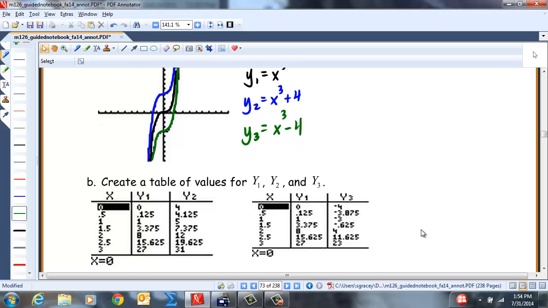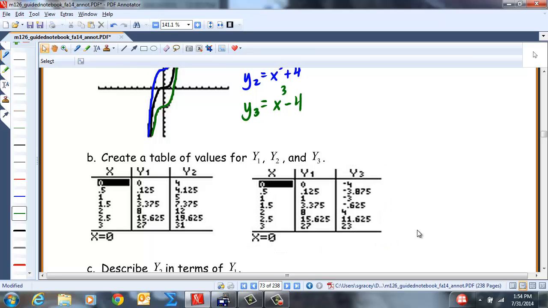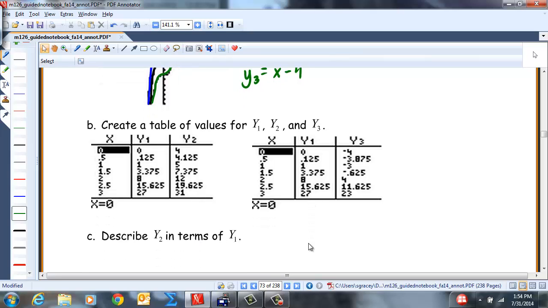Okay, if you notice with the first one, each of the y values on y2 are 4 greater than the y values on the original library function. And over here, when we were subtracting 4, each of the y values is 4 less than the y values on the library function. So let's talk about what happened.